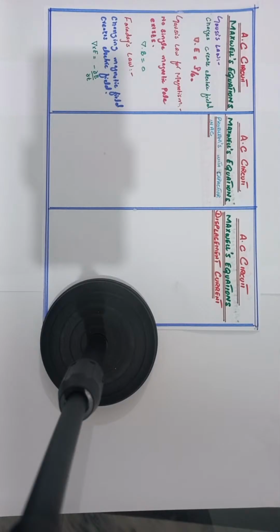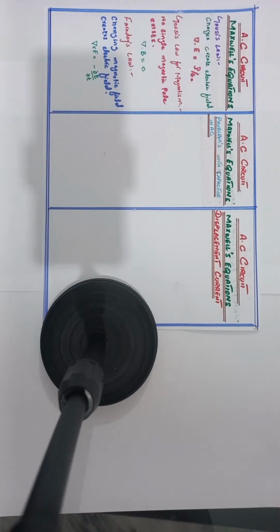Now lastly we write the equation that gives us the Ampere-Maxwell law. Maxwell basically changed the Ampere equation, which did not give us the idea about the displacement current.